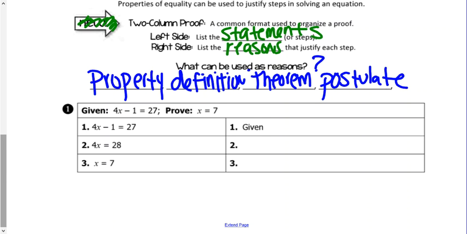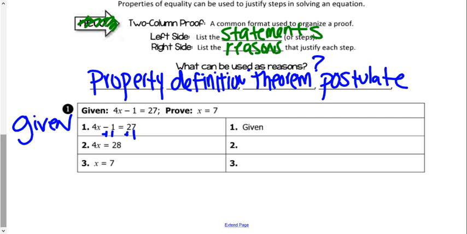Step one is to write out your givens, and that's always going to be step one. You always write out your given statement, and the reason for it is because it was given to you. The second step: what did I do? Technically I added 1 to both sides, correct?